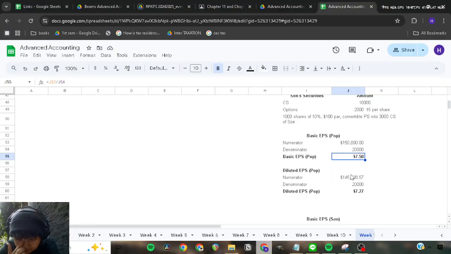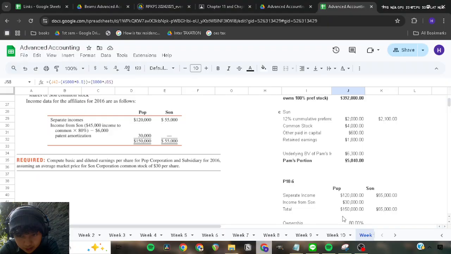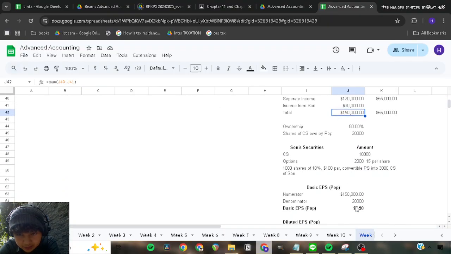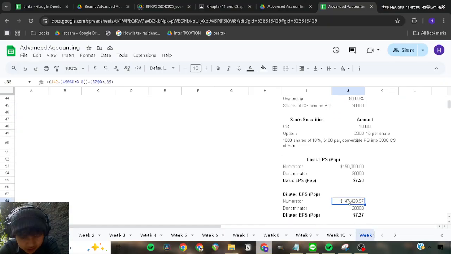As for the diluted, this is where the information from the subsidiary is important because we're going to make adjustments. So at first we have this, right? This is their income, and we want to adjust that income. With what exactly?